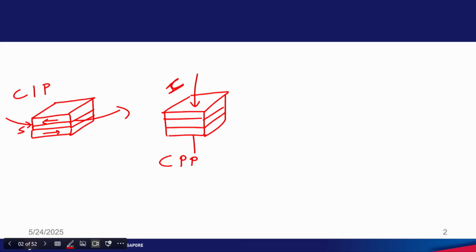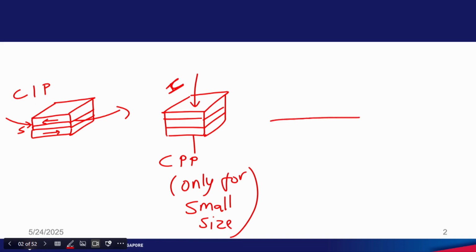I mentioned to you that the CPP becomes useful only when the device sizes are smaller. That is because, let us say, this whole thing is very large in area.